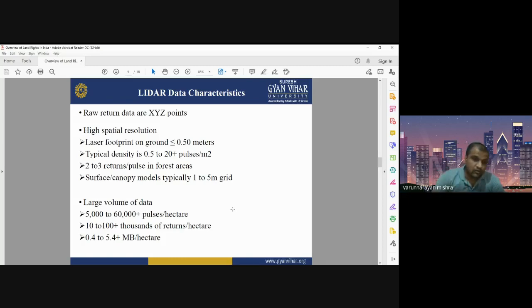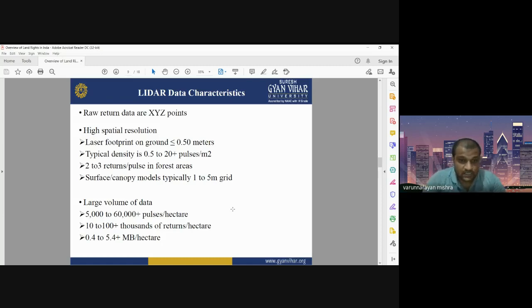If we have more pulses per hectare, then we will have more density of pulses per square meter area on the ground. If we have more density per square meter area on the ground, then it will have a large volume of the data set.